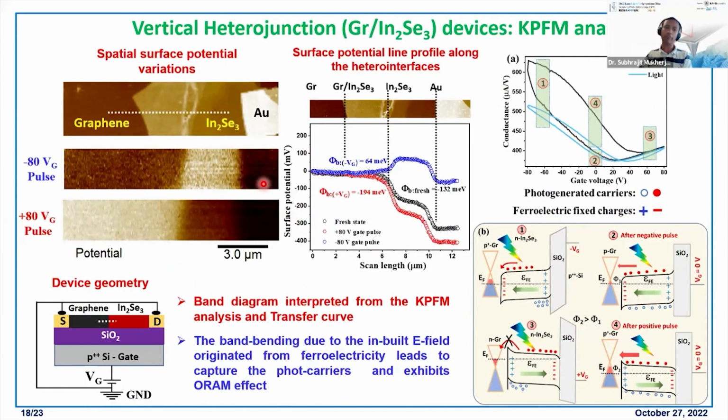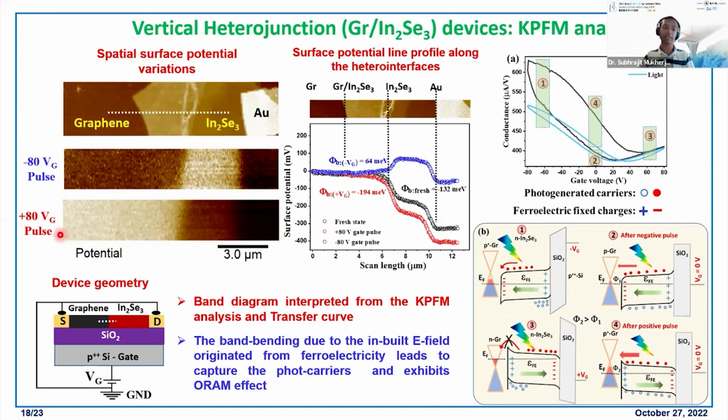We also do the vertical characterization, like a vertical device. The previous one was the planar junction. We can do the vertical junction as well, where for this case, we use the graphene indium selenide heterojunction, and we just use some pulses. For positive and negative pulses, the measurement condition is the same.